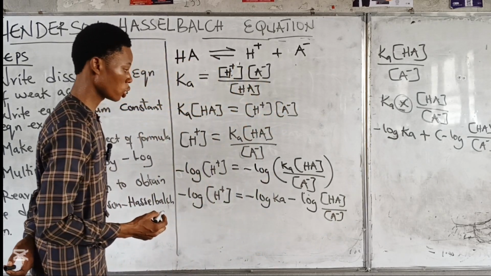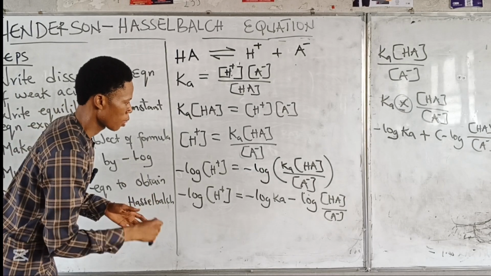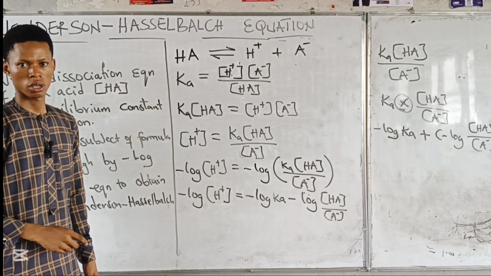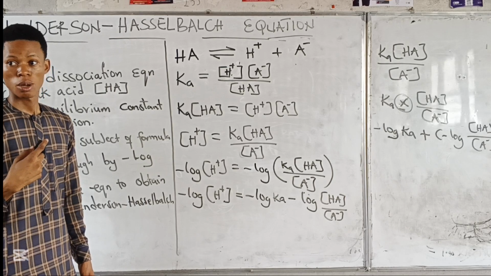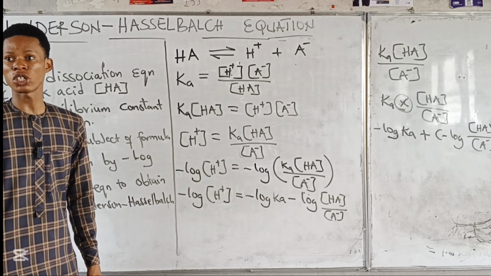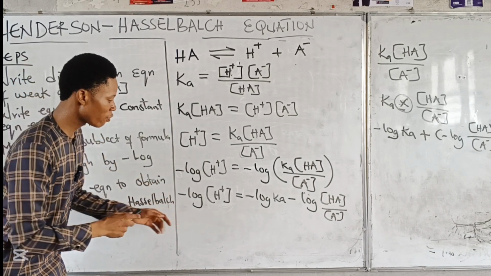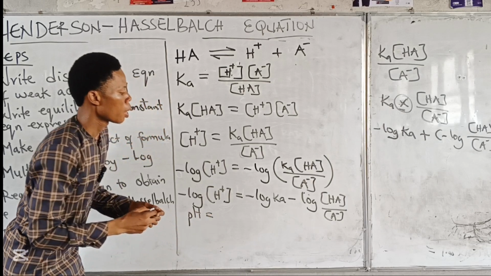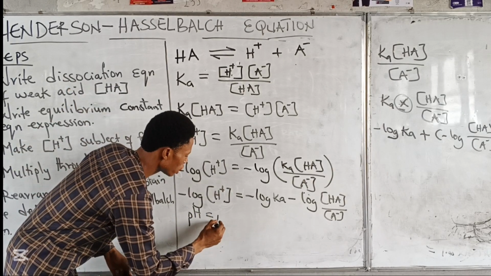Now at this point, minus log hydrogen ion, from the definition, is pH. Remember that pH is the negative logarithm of hydrogen ion. So everything here is pH, equal to minus log Ka, which is pKa.